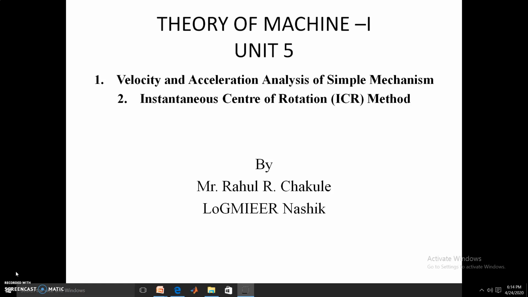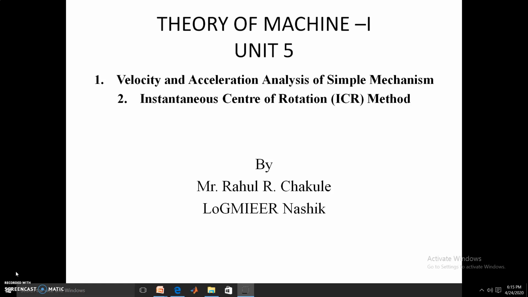Before going to see the actual problem by the ICR method, I would like to say the types of IC. Mainly there are three types of IC. One is fixed instantaneous center, second is permanent, and the third is neither fixed nor permanent IC. The fixed IC is easily located by observation only.